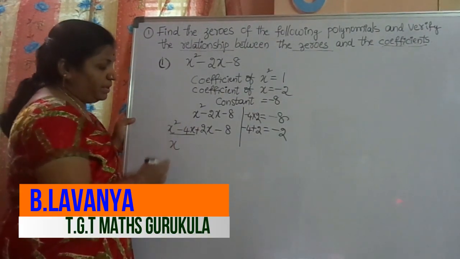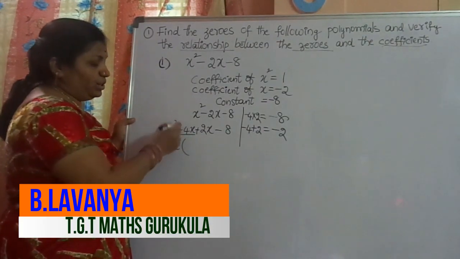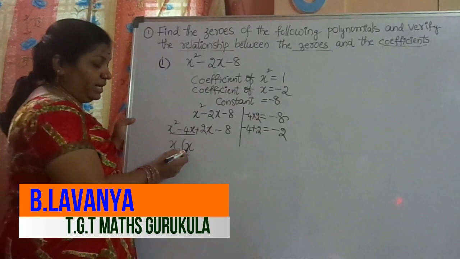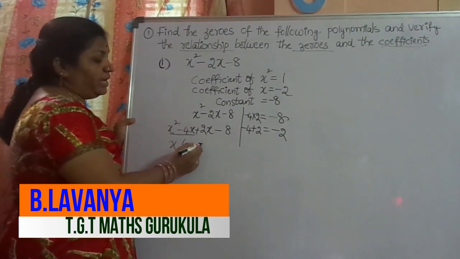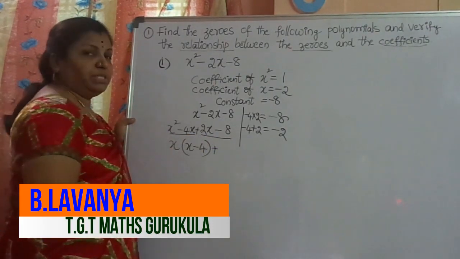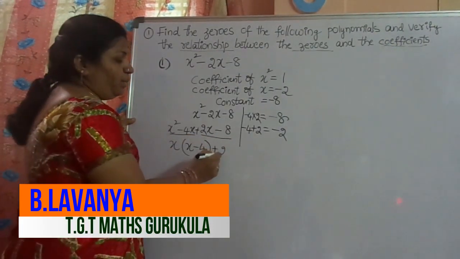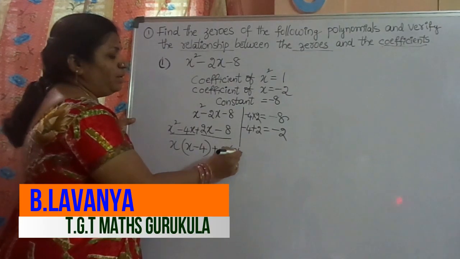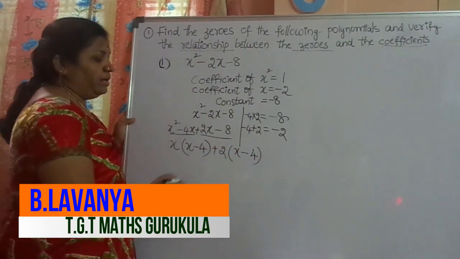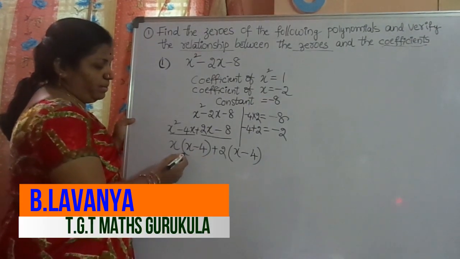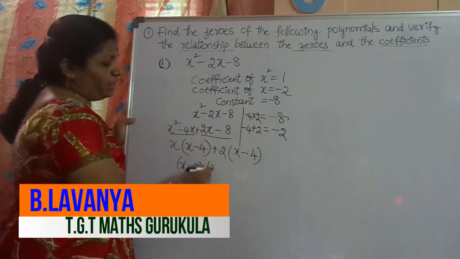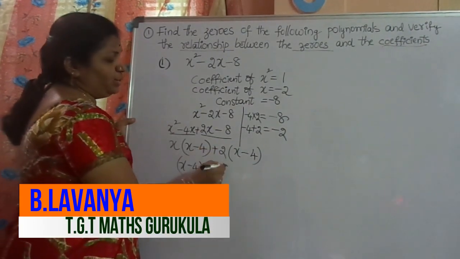What is the common term here? x. x square, x: we write 1x outside and x inside, and minus 4x. Again from the next 2 terms write the common term, 2 as a common term, x minus 4, 2 fours are 8. Now from this polynomial, x minus 4 is the common term, and the remaining terms are x and plus 2.